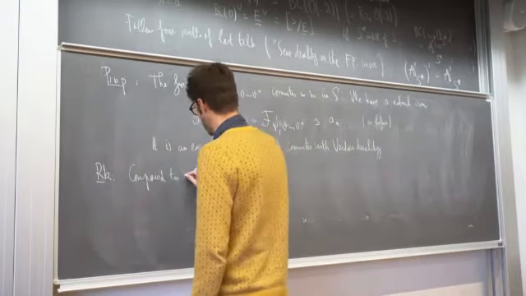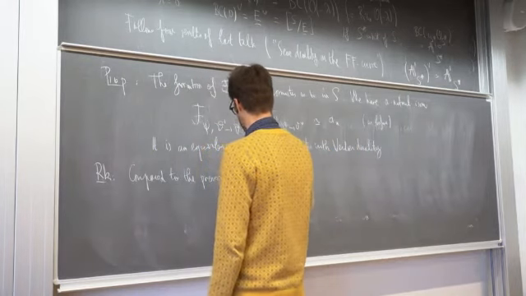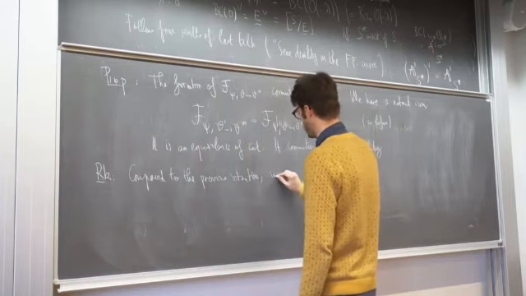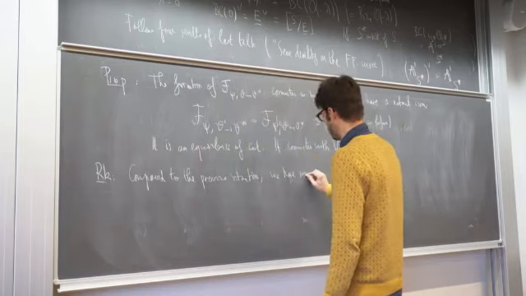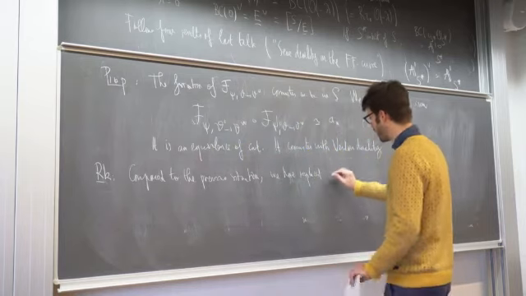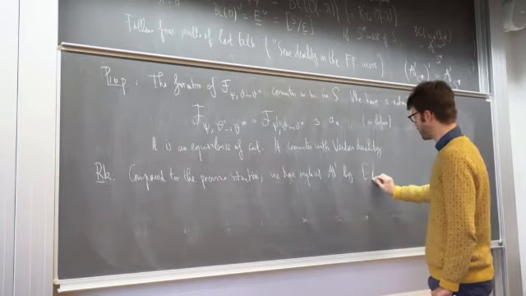And yeah, something I should maybe remark here is that, compared to the previous situation, basically what we have done is that we have replaced A1 by the classifying stack of E underline.